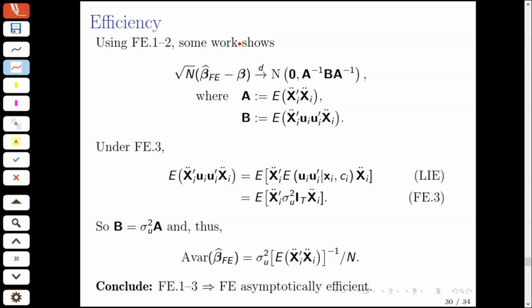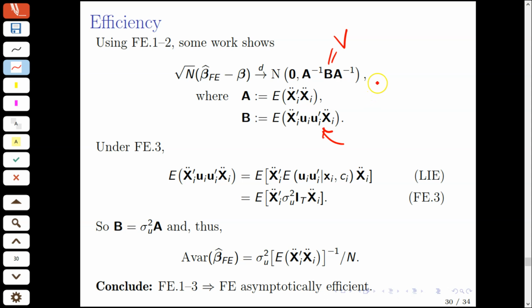In this case, the asymptotic variance, what we may think of as V, has a bread matrix, the A matrix, or rather its inverse, but the A matrix is the expected regressor product, where the regressors are now the time averaged, the time demeaned, or within transformed regressors. The B matrix is slightly more complicated in that it involves both the within transformed regressors as well as the vectors of unobservables, the u_i.